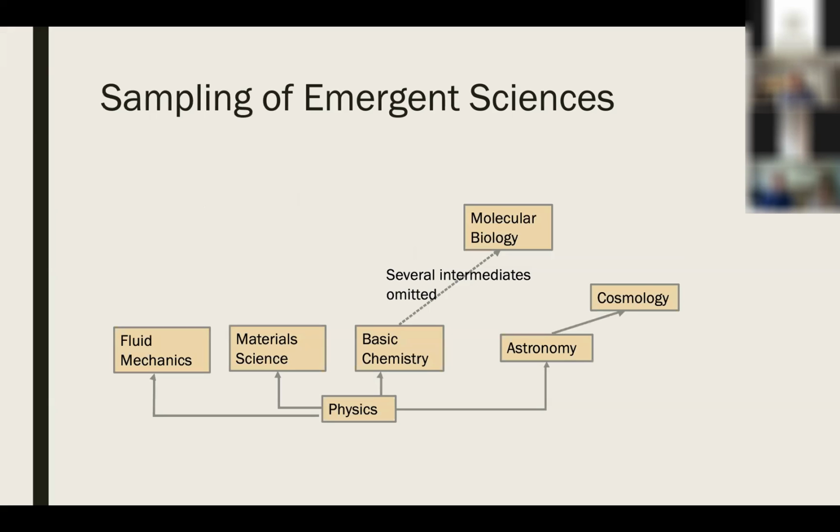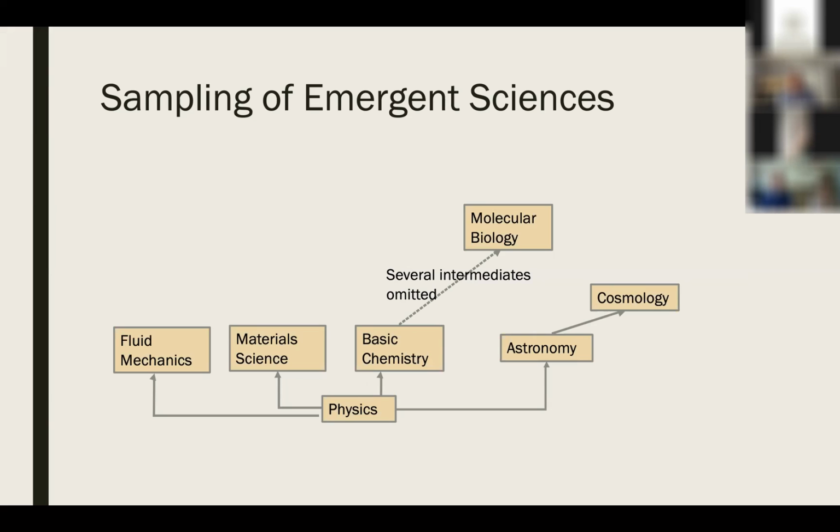So here's a sort of a flow chart. I put physics at the root, and some of the things that come out of physics: fluid mechanics, science of materials, astronomy. Cosmology comes out of astronomy and also directly from physics, so I should very likely have included a line that goes there. But atomic physics, as I said, gives you basic chemistry, and from basic or inorganic chemistry, you can derive rules for organic chemistry.